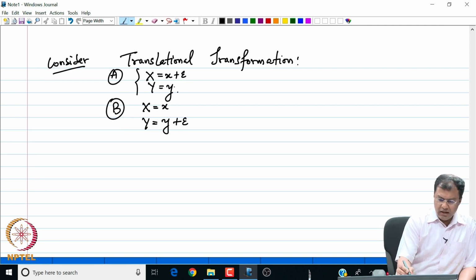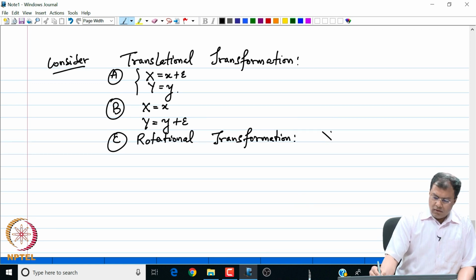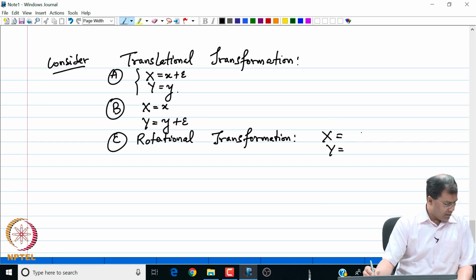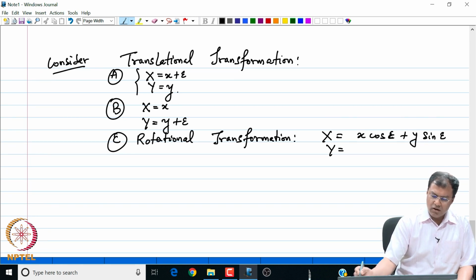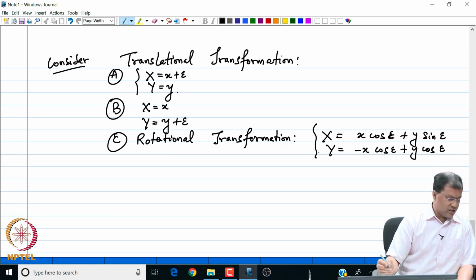Notice that each of these transforms corresponds to translating one of the coordinate axes by epsilon. We can also consider another set of transformations, also known as the rotational transformations. Let us say that the coordinates are capital X and capital Y given by x cos epsilon plus y sin epsilon and minus x sin epsilon plus y cos epsilon, right. So, these are my rotational transforms.